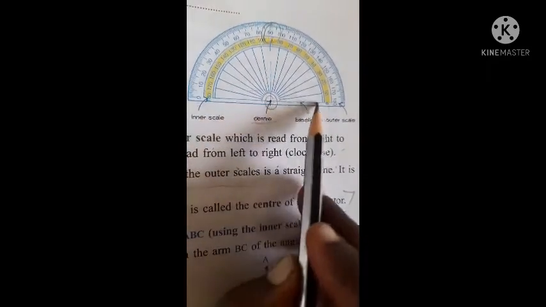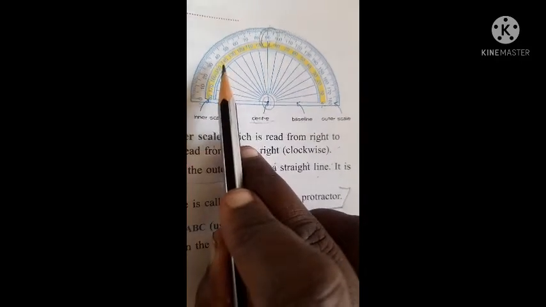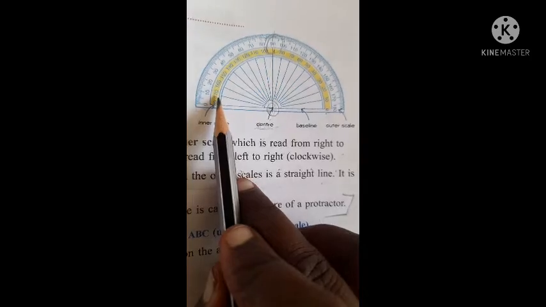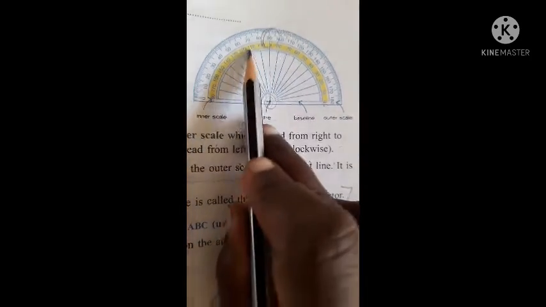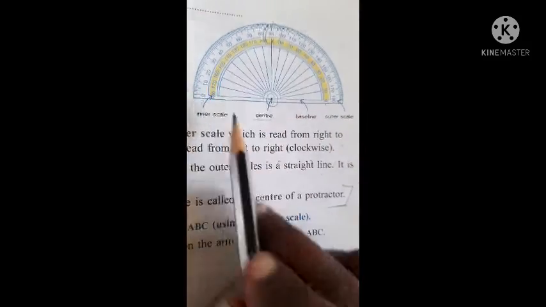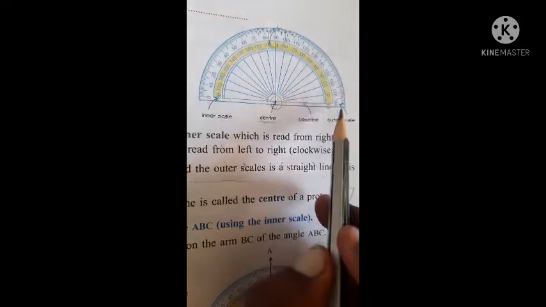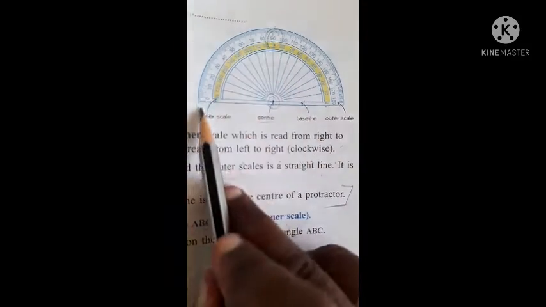Two scales will be there. You can call it a layer or a scale, children. One is the inner scale, one more is the outer scale.